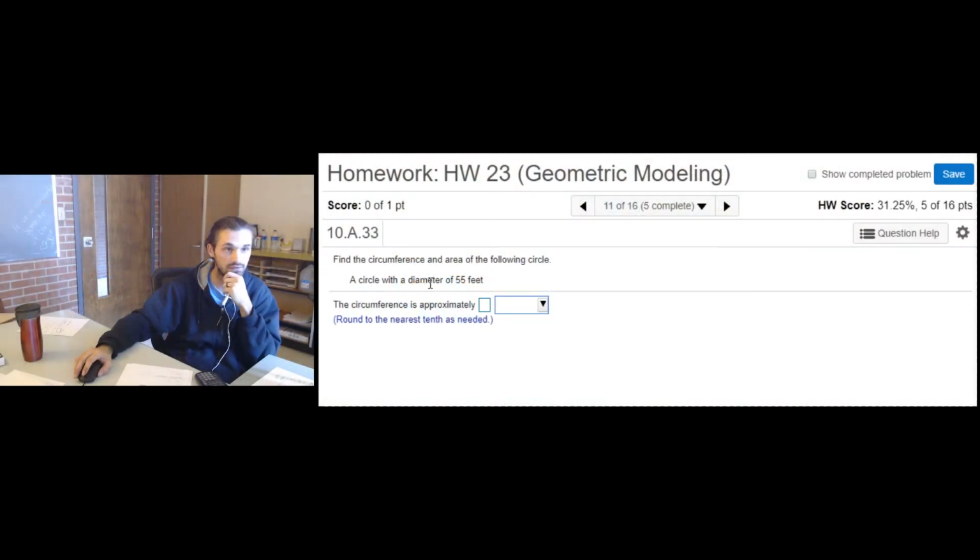So simply shove 55 in for the diameter. Recognize if the diameter is 55, the radius is 55 over 2. The circumference is measured in a length unit, where a length unit is, in this case, feet. Square feet would be an area, cubic feet would be a volume.